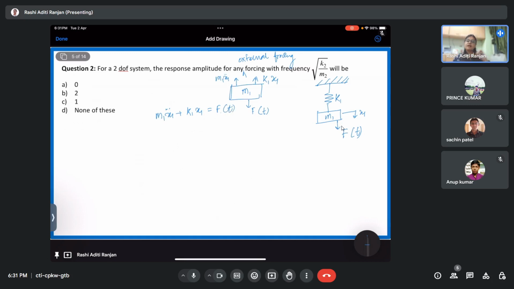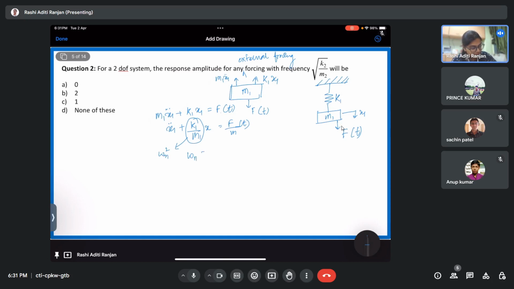Now I can divide the whole equation by m1, which gives me x1 double dot plus k1 by m1 x1 equals F by m, a function of t. Now this k1 by m1 is my omega n square. Let us say omega n1 square, or let us just call it omega n only.